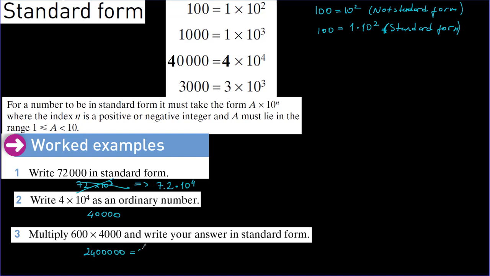But this cannot be 24 times 10 to the power of 5, because this is not in standard form. But if you write 2.4 times 10 to the power of 6, it is in standard form.